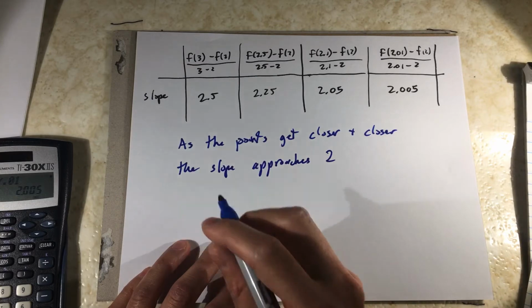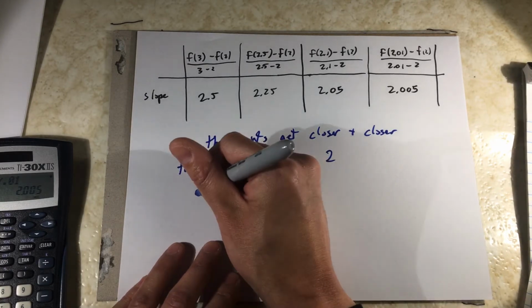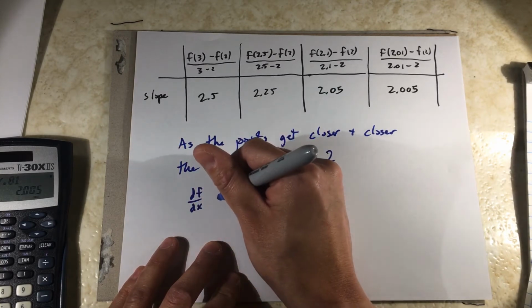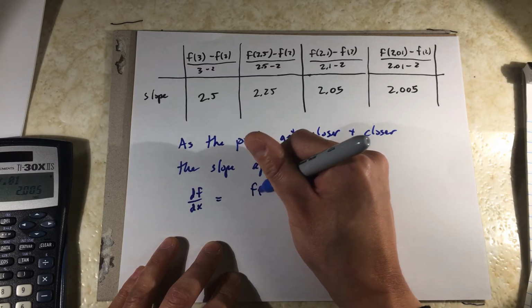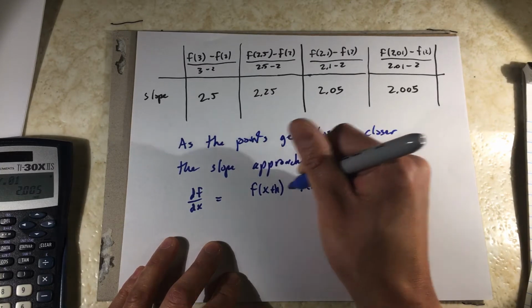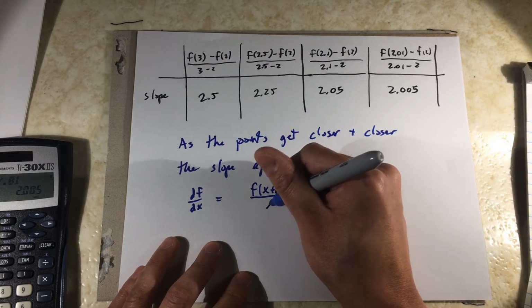So the way you would write this mathematically, and we're going to talk about this, is that we're going to say the derivative df/dx is equal to, and I'm going to write it first, and then I will explain what this means.